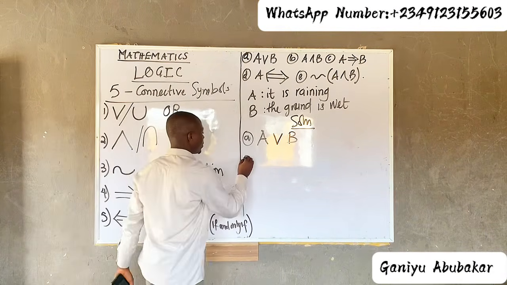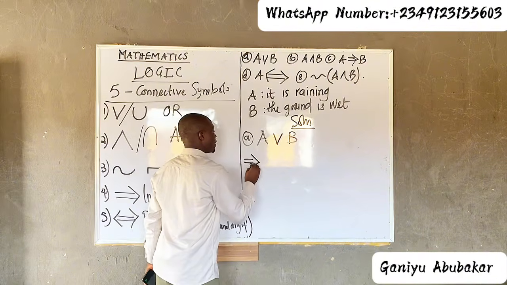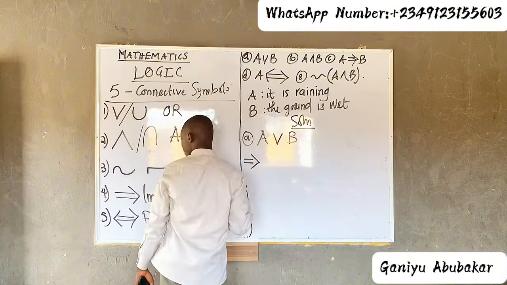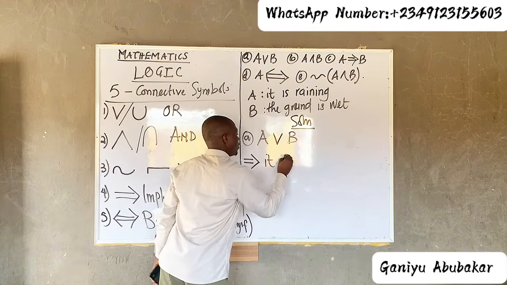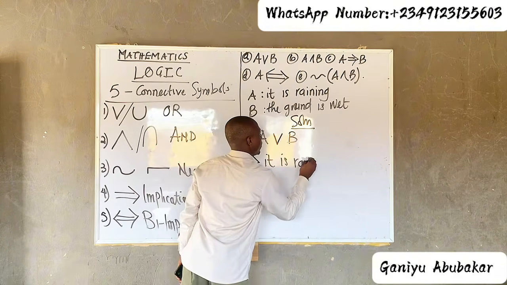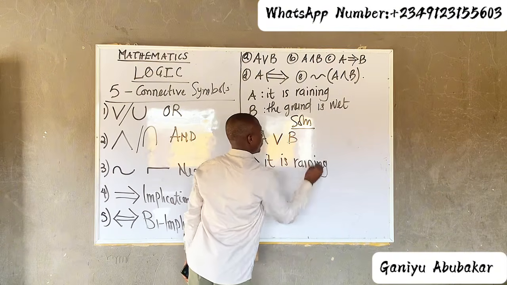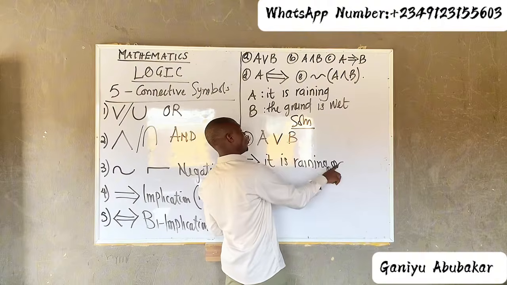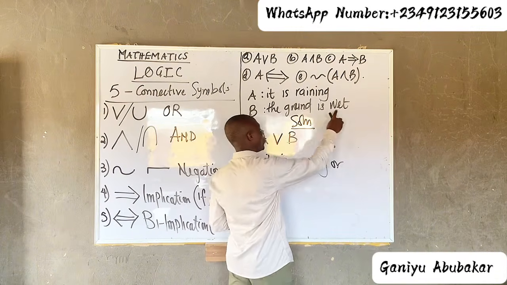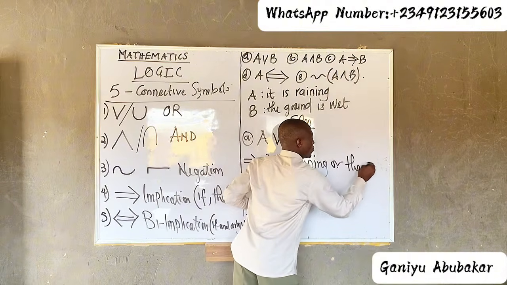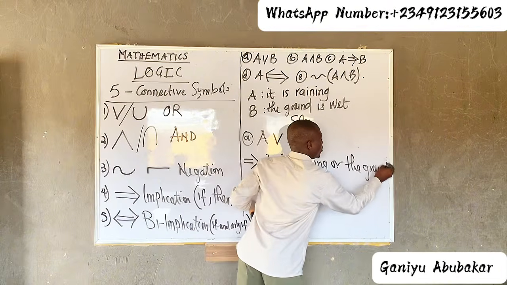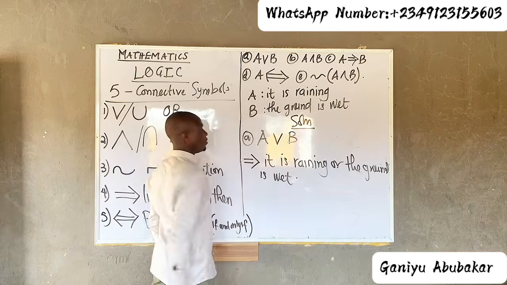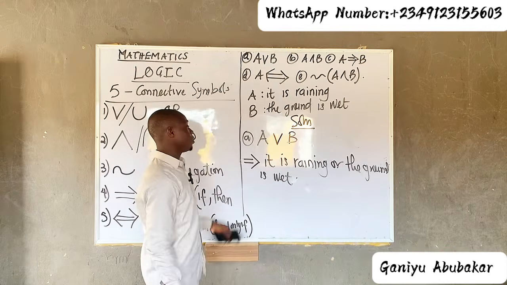So A, "it is raining," or B, "the ground is wet." That's the verbal meaning of this one.